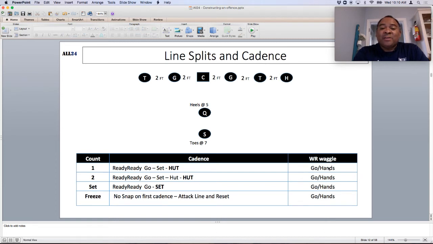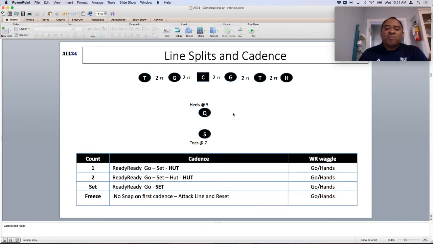Again, that can be advantageous in some ways, but remember your defense is going to align based off of your splits. So if you get them real tight, expect them to be aligned tight and then have an offensive philosophy that will react accordingly. Again, here we have some generic 2-foot basic line splits, allowing you some space apart for spacing out the defense, but still close enough that you can execute your block on the line of scrimmage.